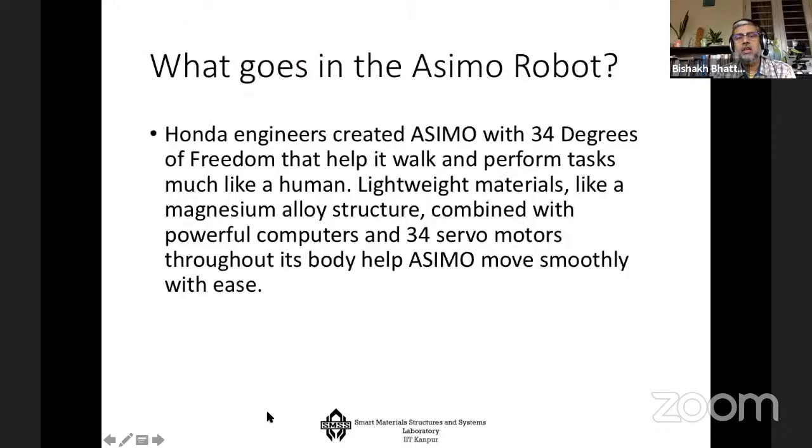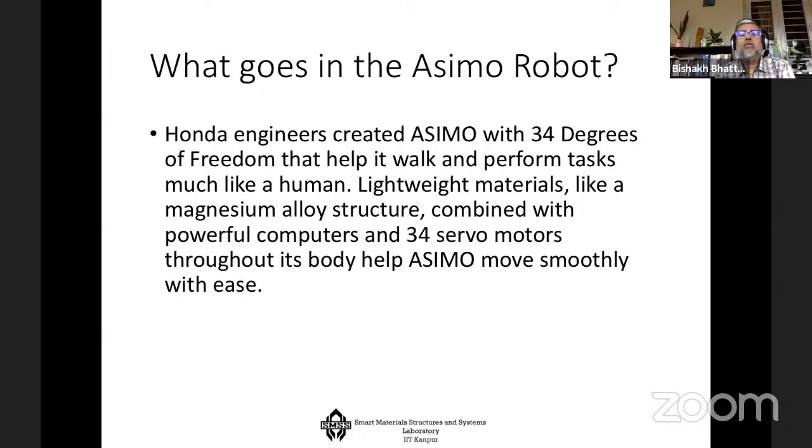And you can see the successful level of development of a humanoid robot, Asimo. It has 34 degrees of freedom that help it to walk and perform tasks very much like a human.